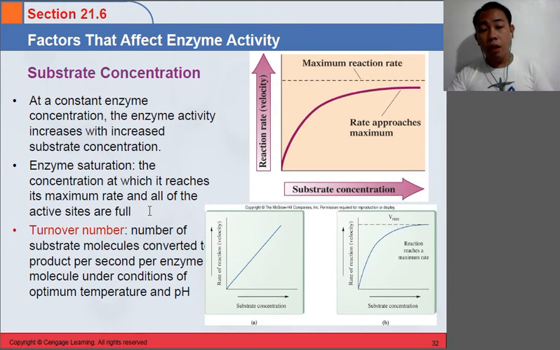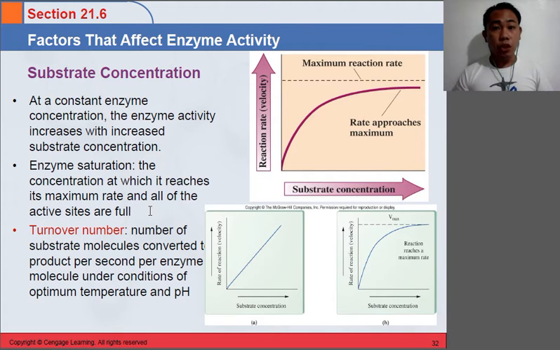So if the active sites are full, we could say that the enzyme is already saturated. Okay, no more substrate can attach to the active sites because the available active sites are already full. That means they already have their partner, and that is why it ends up with enzyme saturation.